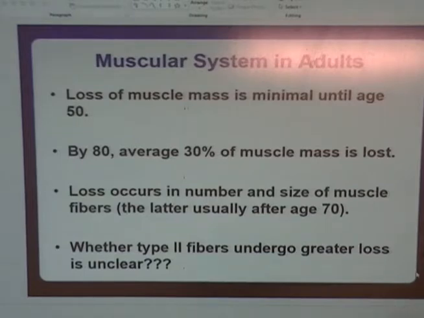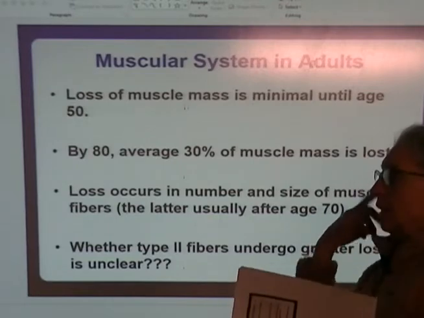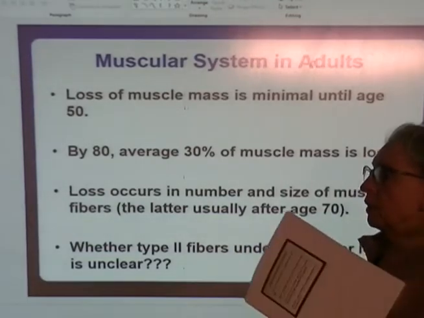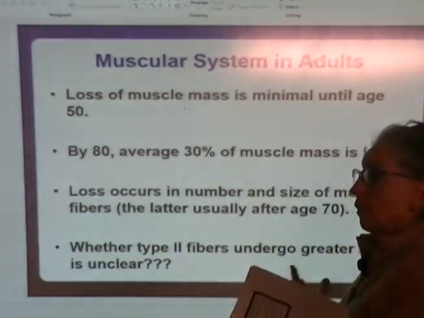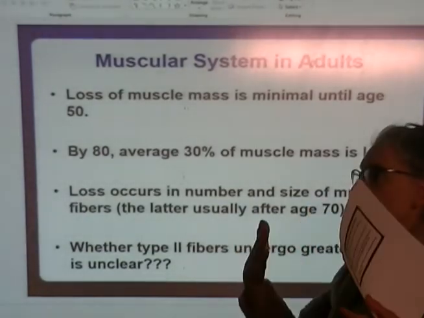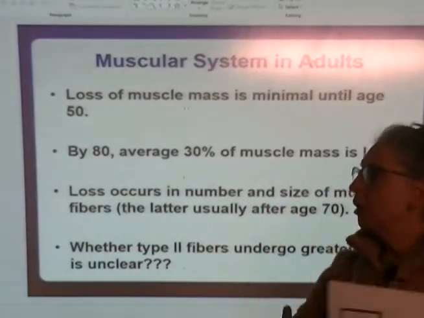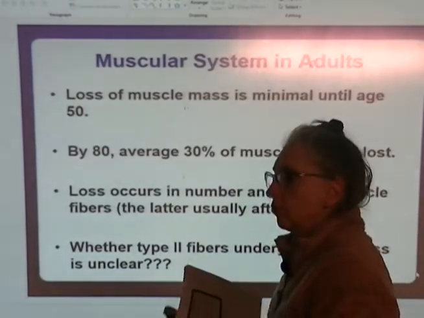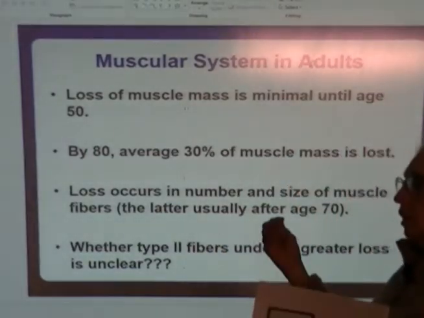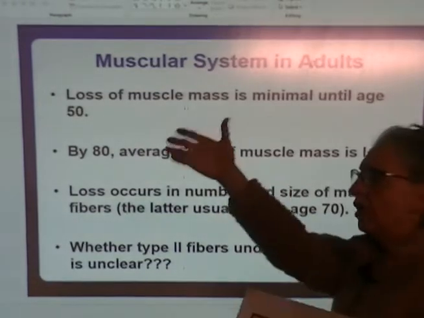From around 50, 55, we start to see a loss of muscle mass, and it's thought that it's probably the type 2 fibers that we start to lose. And we generally have to work harder to maintain what we have, right? Because genetically that system is starting to decline from about 50, 55 onwards.